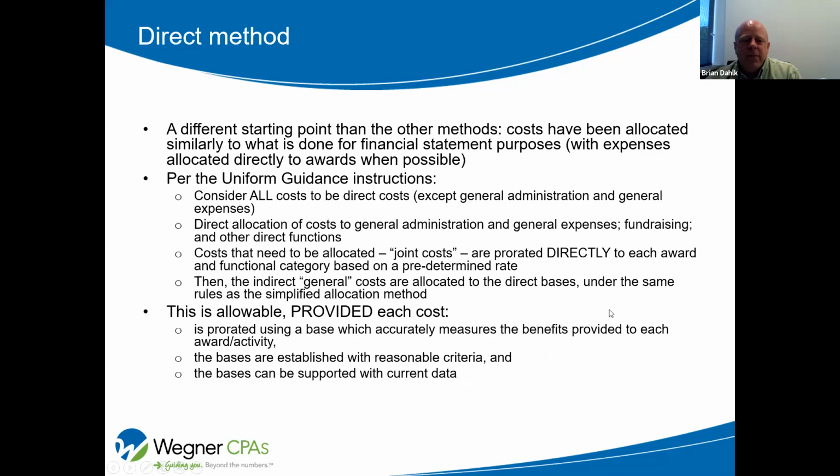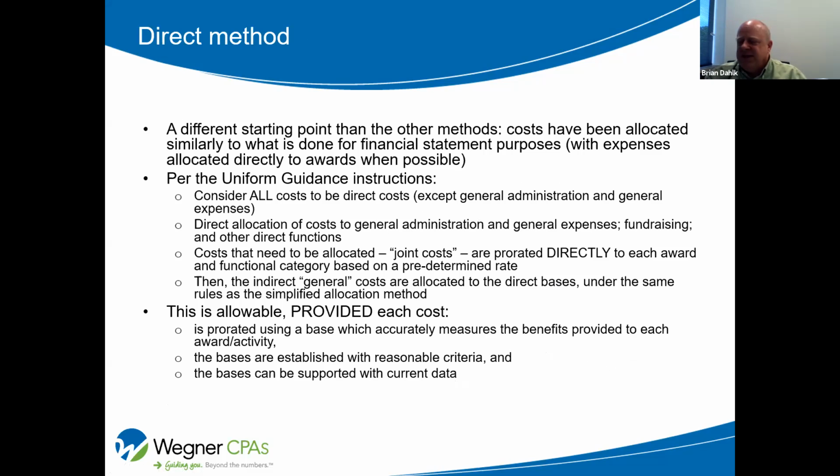Okay, so before we get to the examples, let's take a look at the direct method. It's basically a different starting point than the other three methods that we just went over. You start with costs that have already been allocated, essentially for financial statement purposes.